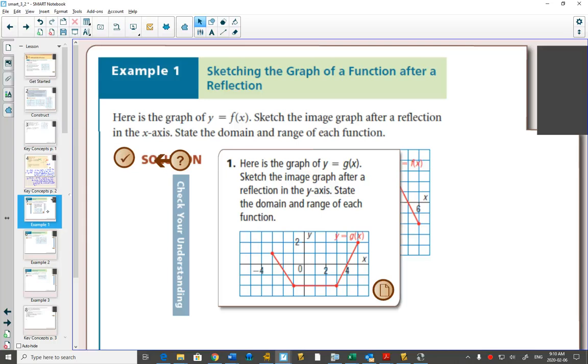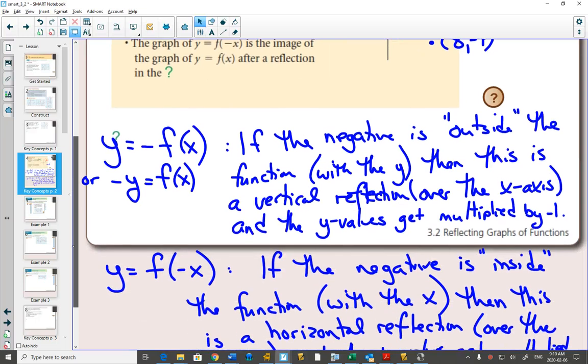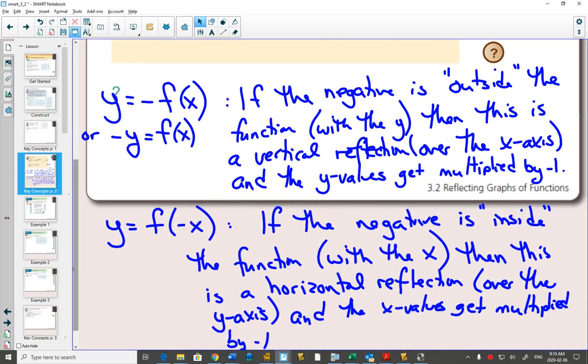Did anybody not finish writing any of that stuff? Yes. So that's going to happen a lot. And you have to just say, Mr. JR, can you go back just for a second so that I can finish up, right? Not a problem. But it's going to happen. I know it. So you just have to say, can you go back, please?